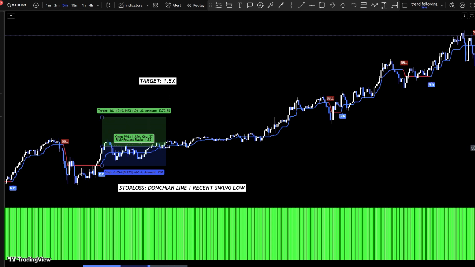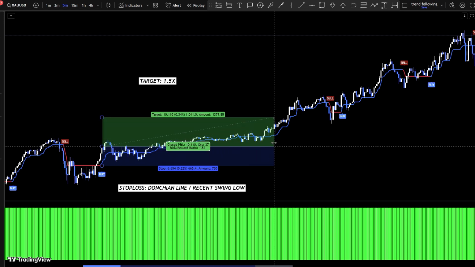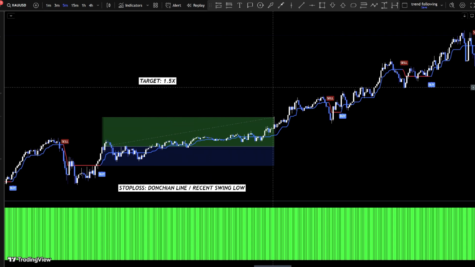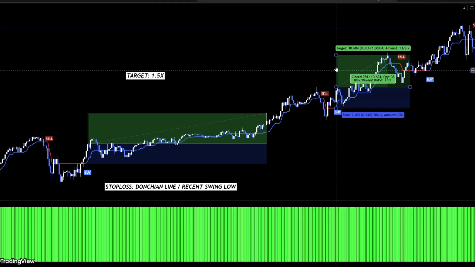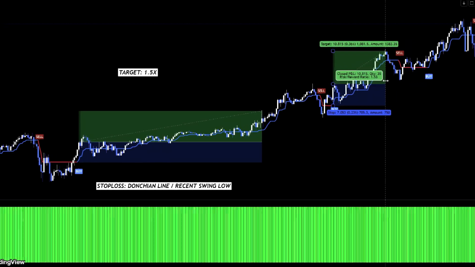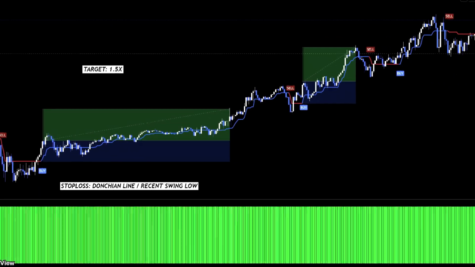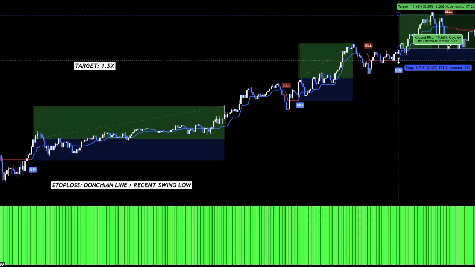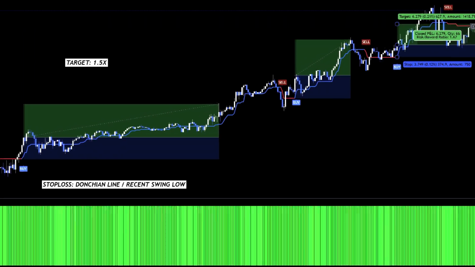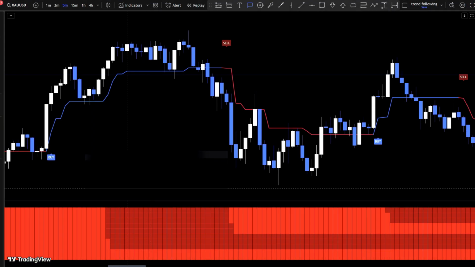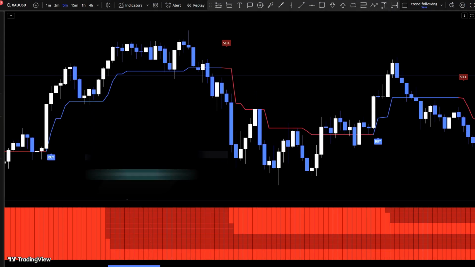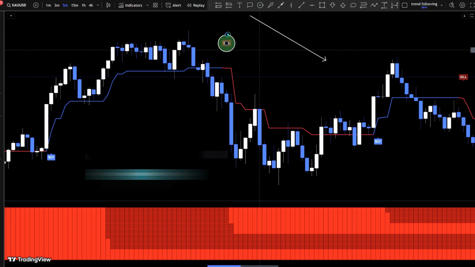That gives you a solid risk-reward ratio to work with. The same logic applies when the ribbon is red and we're looking at sell trades. Stick with the sell signals, ignore the buy signals, and use the same stop loss and target setup.